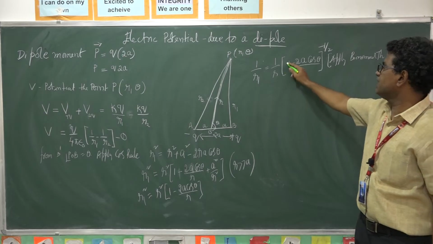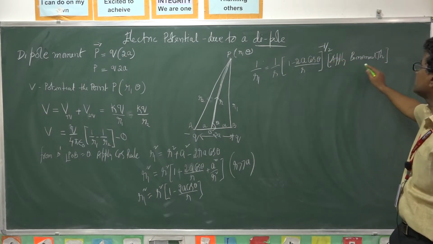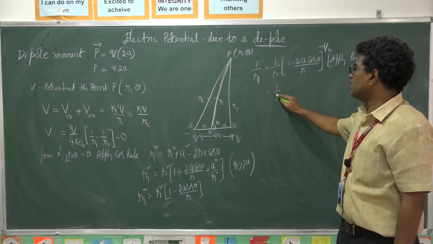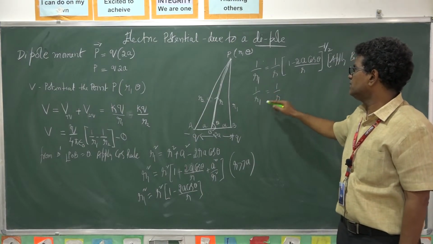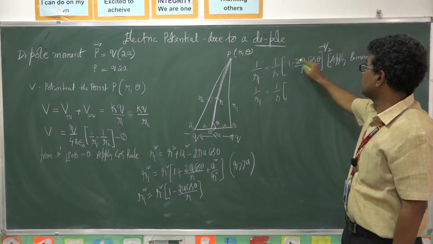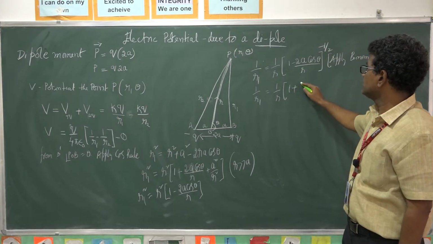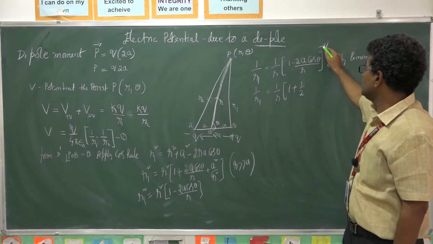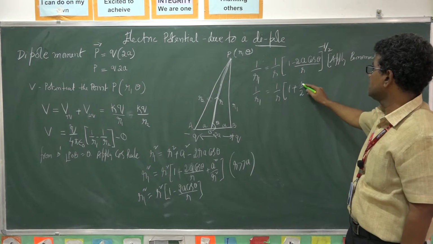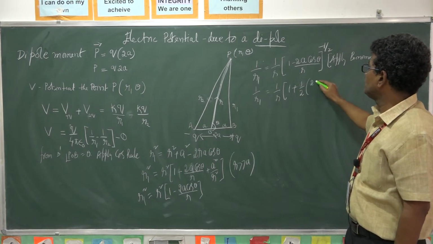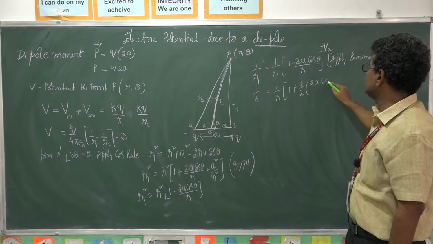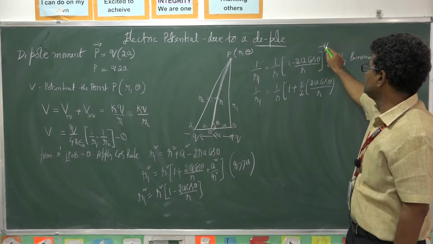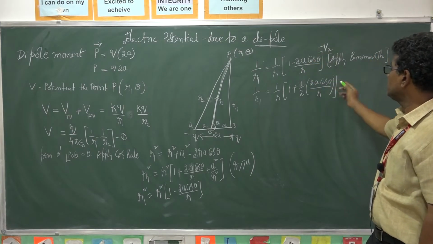So 1 plus x to the power n can be written as 1 plus nx by using that formula. So 1 by R1 is equal to 1 plus, minus half multiplied with minus 2A cos theta by R. So I keep this term multiplied with this, and other terms are neglected.